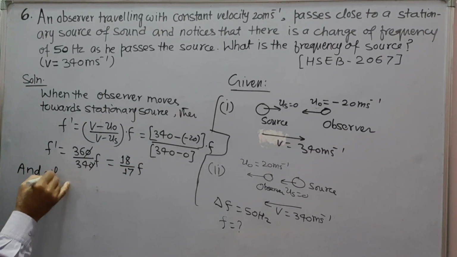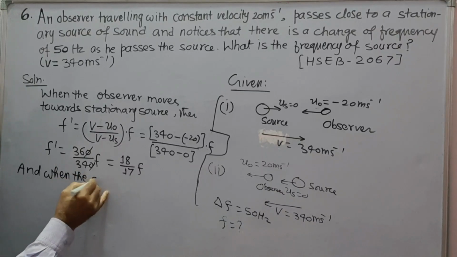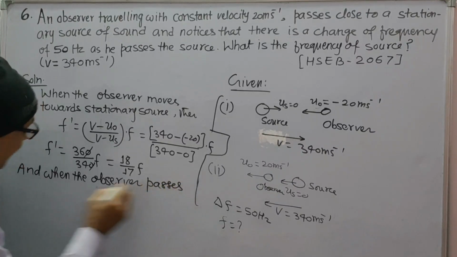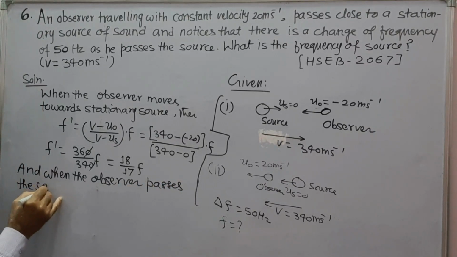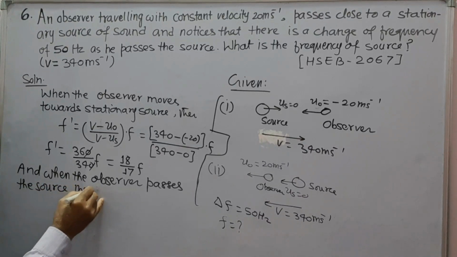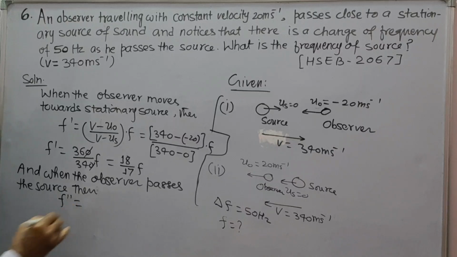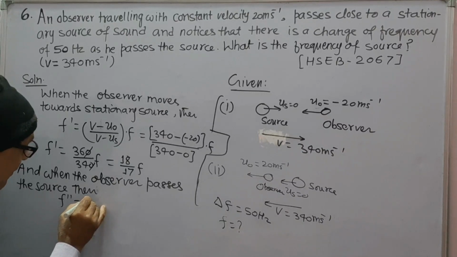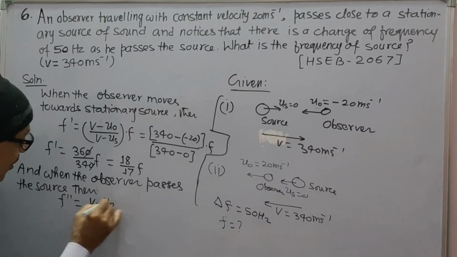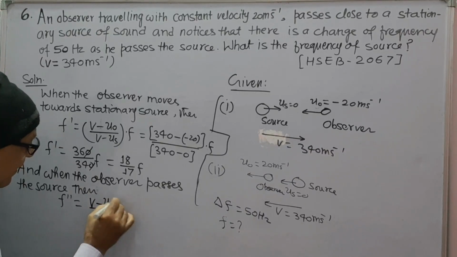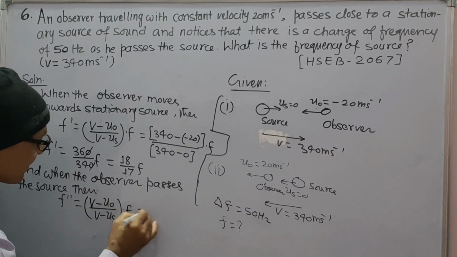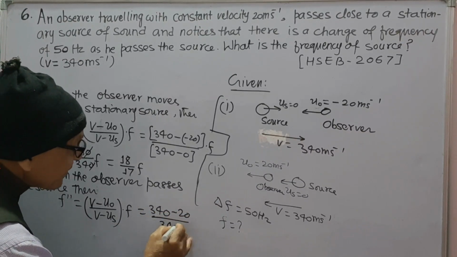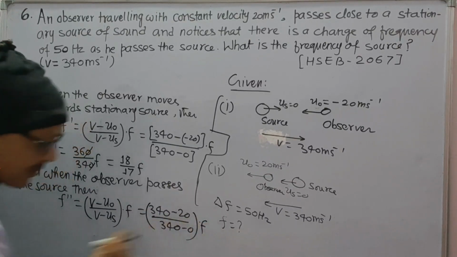And when the observer passes the source, then new apparent frequency f double dash will be equal to, from this diagram, (v minus uo) upon (v minus us) into f, gives (340 minus 20) upon (340 minus 0) into f.